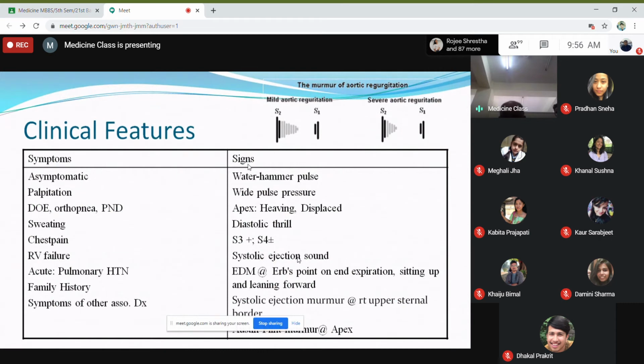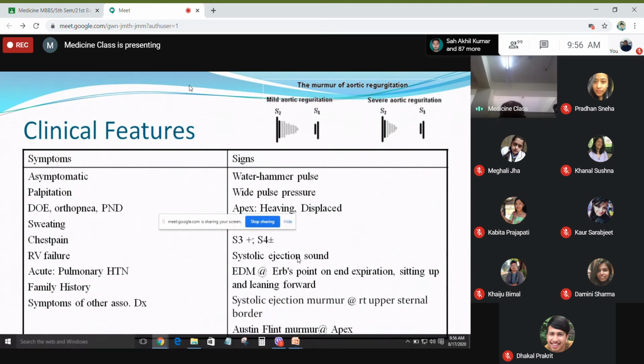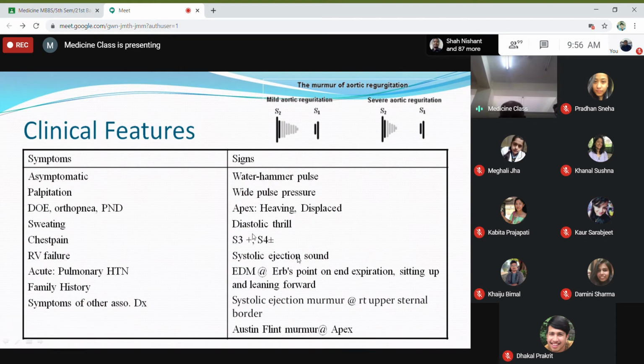So there will be wide pulse pressure, and the apex will be heaving and displaced down and outwards. There will be a systolic thrill at the apex beat, and the patient may have S3 and S4, the third heart sound and fourth heart sound. The patient may have a soft first heart sound.